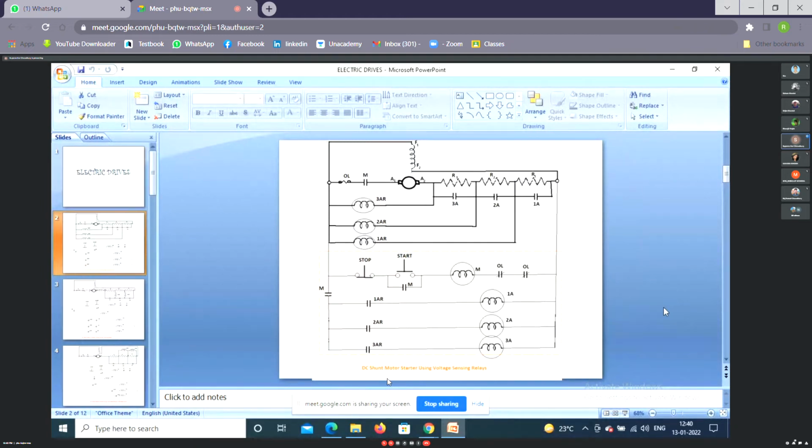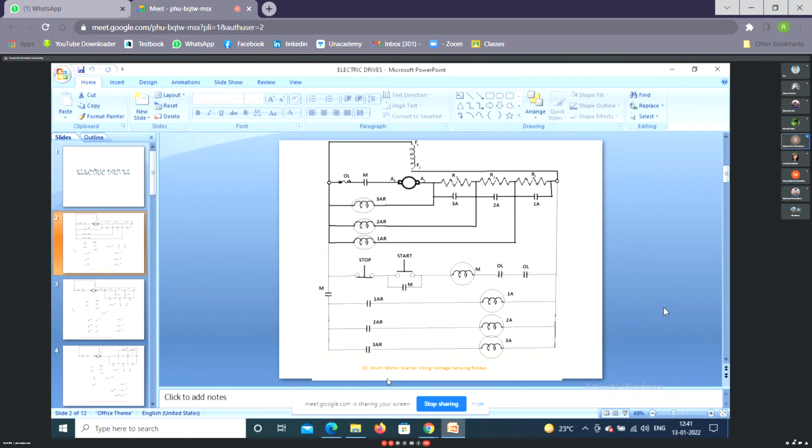Now you have studied the DC shunt motor and the DC shunt motor starter, the 3-point and 4-point starter. If you remember, this starter is basically nothing but a high resistance inserted in series with the armature. We have to use a starter because initially, when we give supply to the motor, the speed is 0.